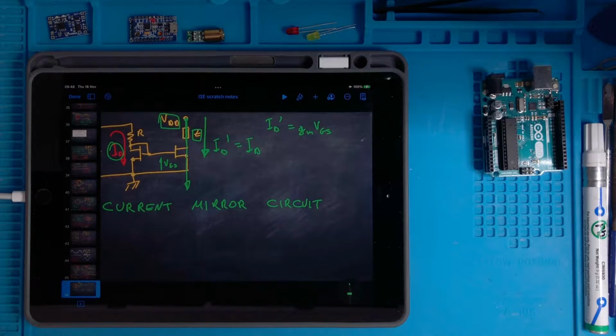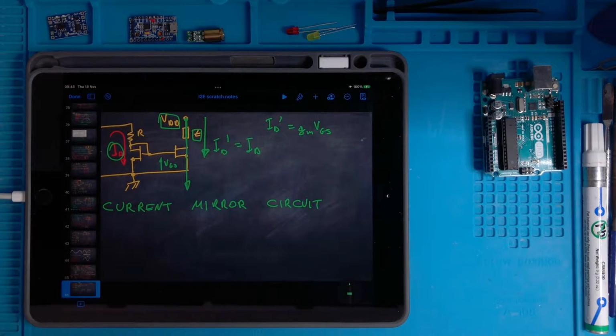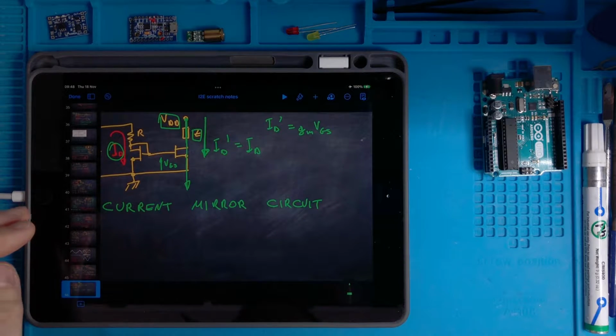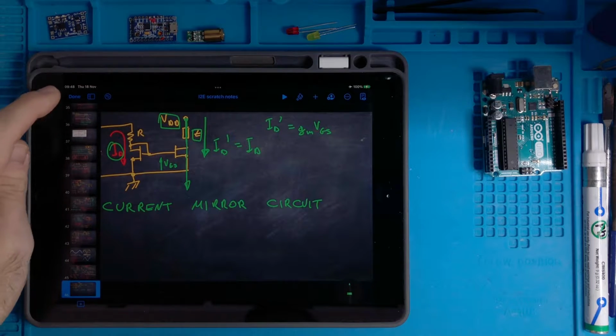So the one for which the current is copied. All the rest we keep it aside, hidden in the symbol, because it's not interesting for us to show it at this moment.